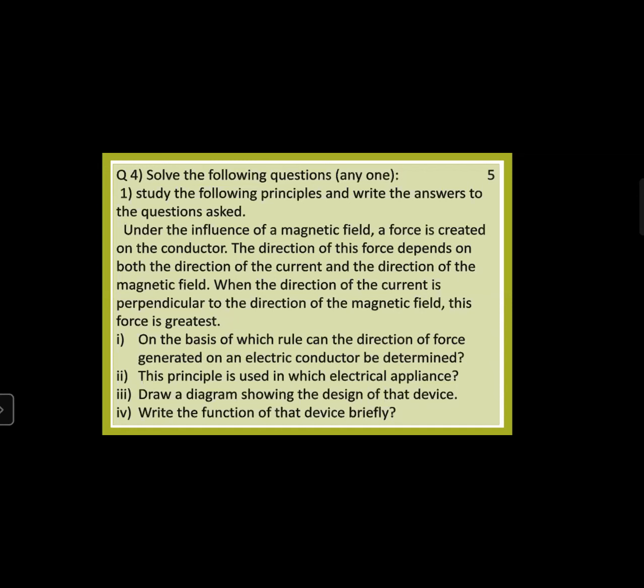The direction of this force depends on both the direction of the current and the direction of the magnetic field. When the direction of the current is perpendicular to the direction of the magnetic field, this force is greatest. So this is a paragraph.